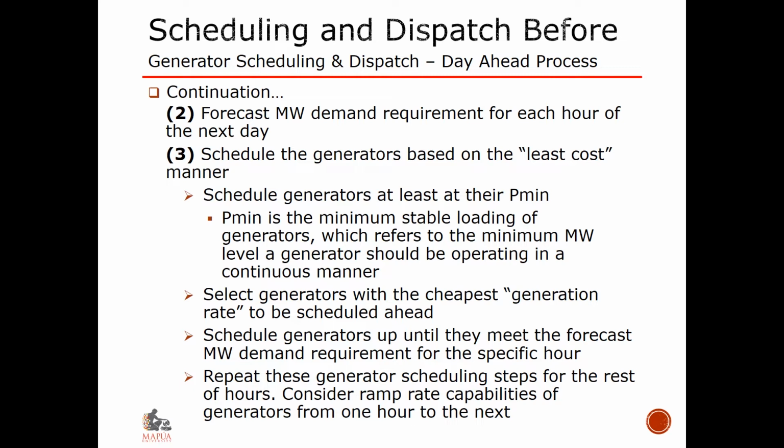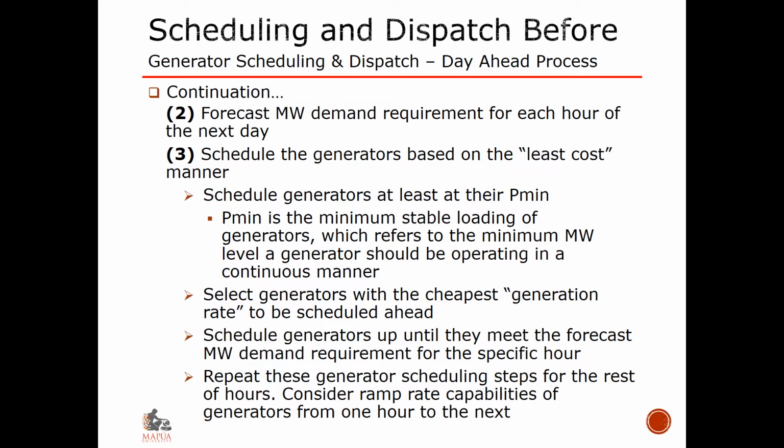Now I have to schedule which ones to schedule for the 10,000 out of the 14,000. I can't schedule all of them because that will create obviously an over frequency. You have to just match the forecasted demand with the generation that should be scheduled out of that available capacity.